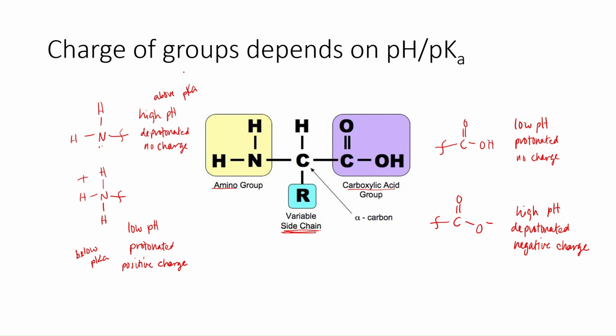The amino group has its own pKa, the carboxylic acid group has its own pKa, and for the ionizable side chains, they can add a third pKa.